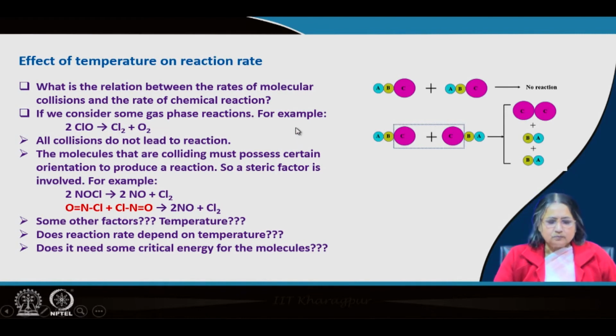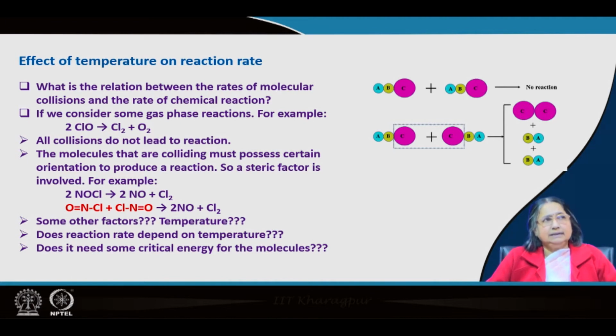Now, it is known that when some reaction goes on, the molecules have to collide with each other. In the case of small molecules, for example, the collision frequency, that means the number of collisions per unit time, is very large. And if we think that each collision will give rise to reaction, then it will not match.